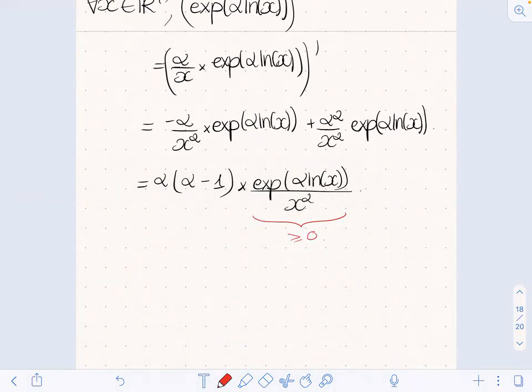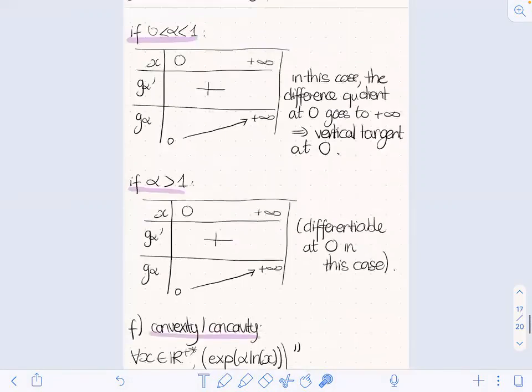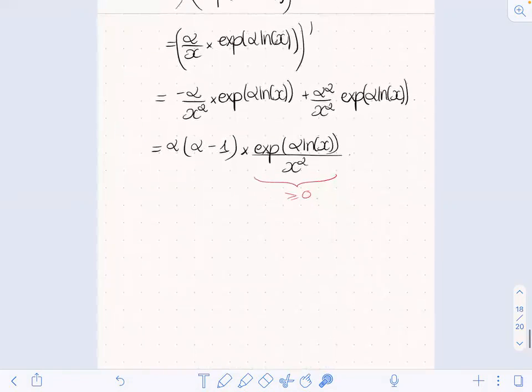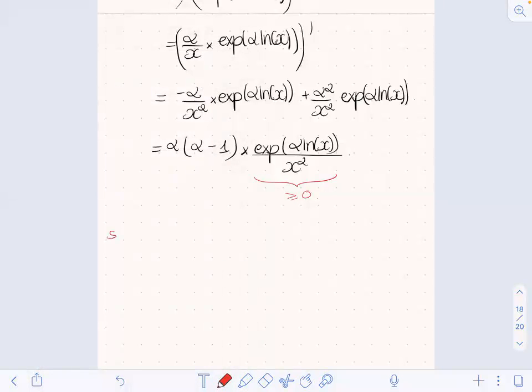The exponential function is always positive and x squared is always positive. And so the sign of this function is going to be given by the sign of alpha maps to alpha, alpha minus 1. Bearing in mind that alpha is valued somewhere on R, I think. So it can either be negative or between 0 and 1 or greater than 1. So what we're going to do is have a look at the sign of alpha, alpha minus 1. That's what's key to the sign of our second derivative.